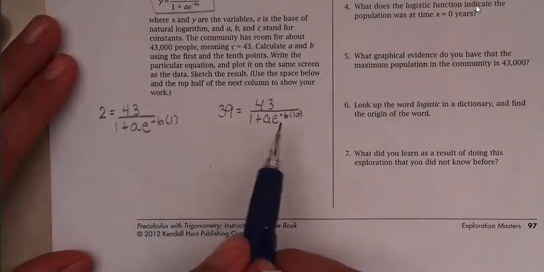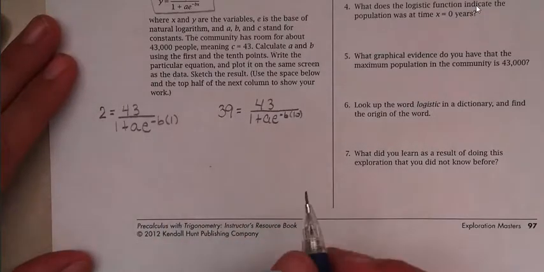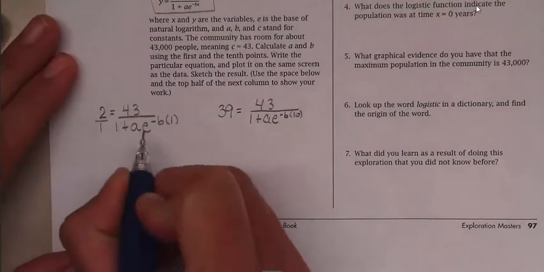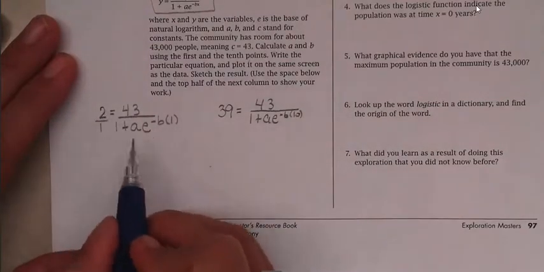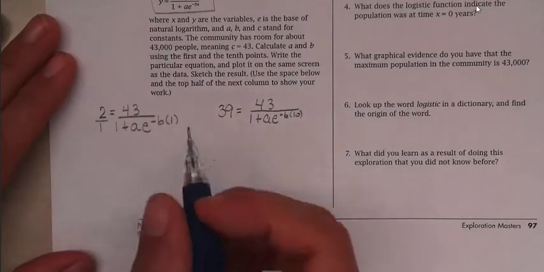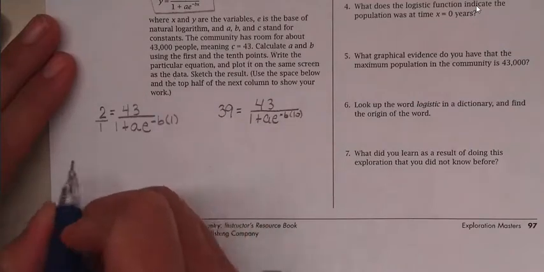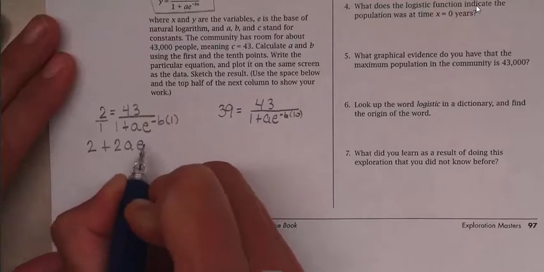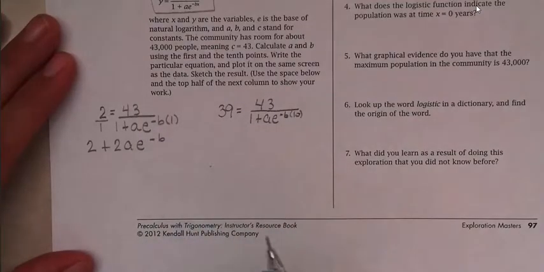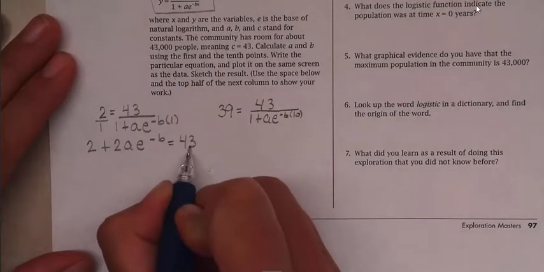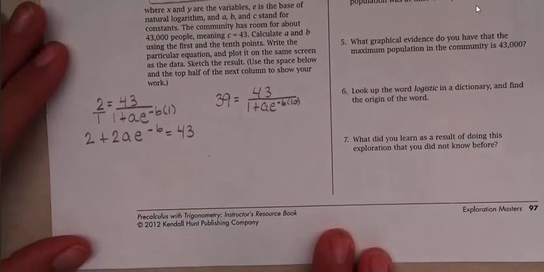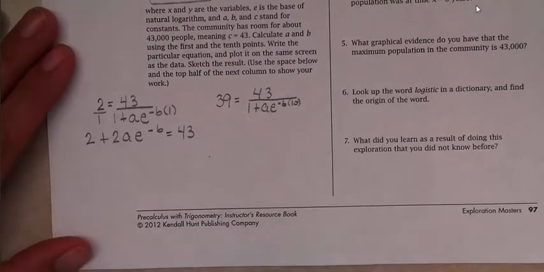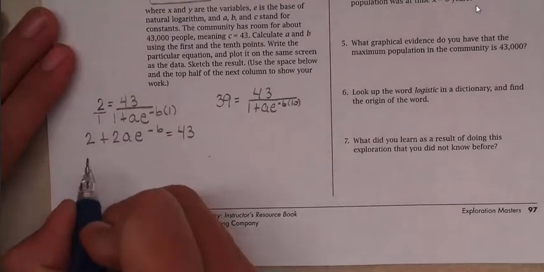Okay, so probably what I want to do first is try and solve for either A or B. I think that the best way to do that, since they're both in the denominator, is to cross multiply, get this stuff out of the denominator. When I do that, I'm going to have to distribute. So I think now I can subtract this 2.